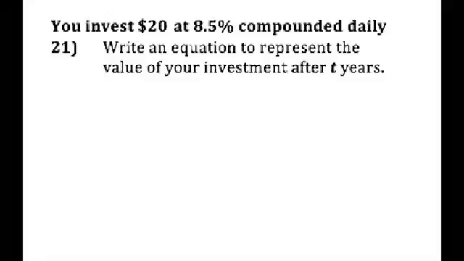Okay, on the back page, you invest $20 at 8.5% compounded daily. We want to write an equation to represent the value of your investment after T years. So go ahead and write that.